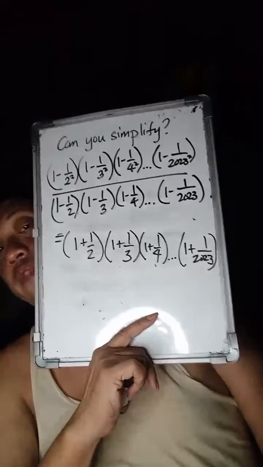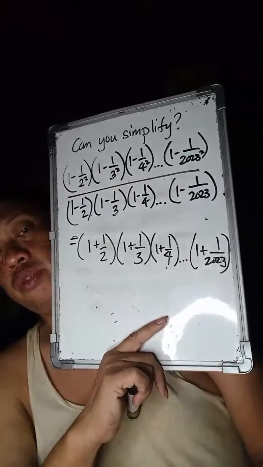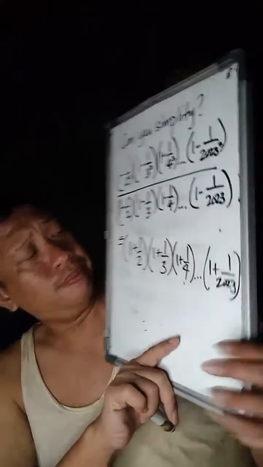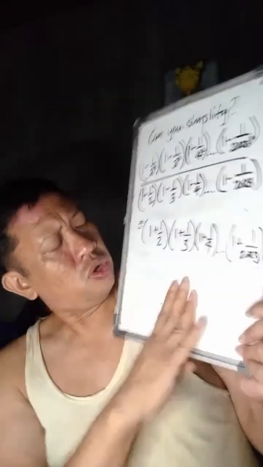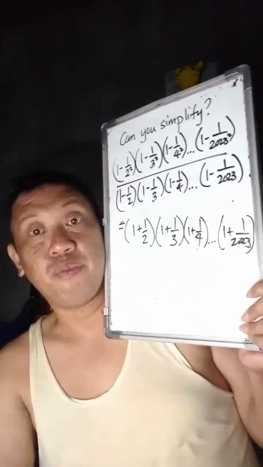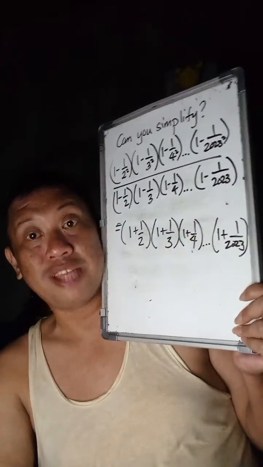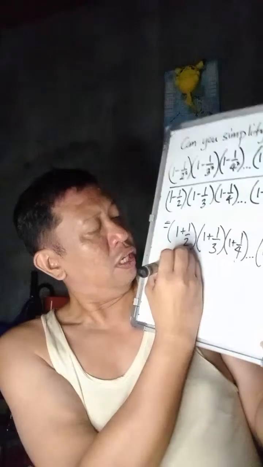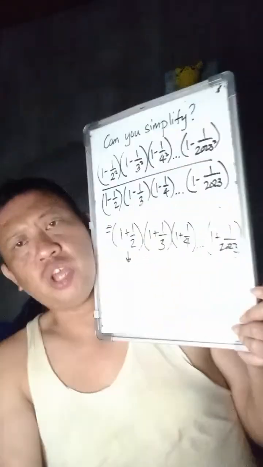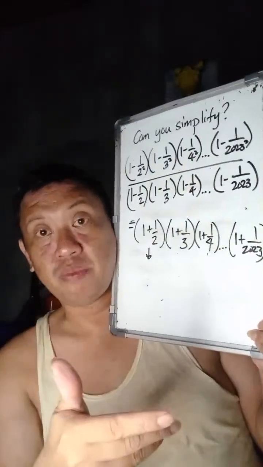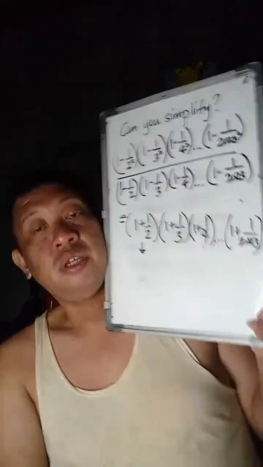Okay, I guess the hard part is over. We already have these as our remaining factors. But what do we do with them? Let's take at least two of the samples in order to recognize the pattern. Say I have 1 plus 1 half. If you are familiar with adding a whole number to a fraction, this is similar to doing it with a mixed number.